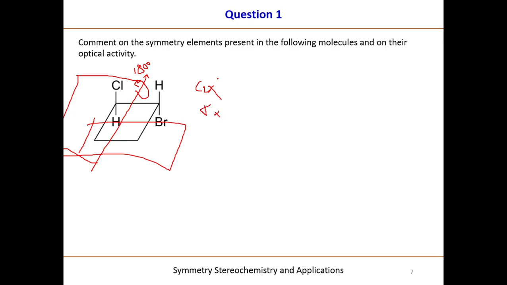Again, because all the symmetry elements are absent, that means it will come under the C1 point group, which is a chiral point group. C1 means rotation by 360 degrees. If you rotate the molecule by 360 degrees, you will get the exact molecule as you had earlier. So because it comes under the C1 point group, that means it is asymmetric. Again, it is an asymmetric molecule, correct?